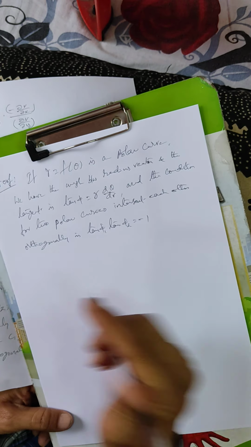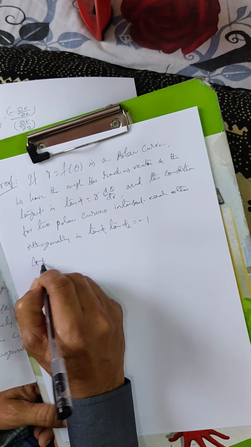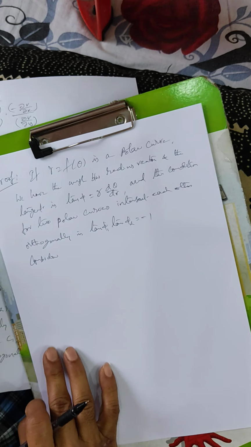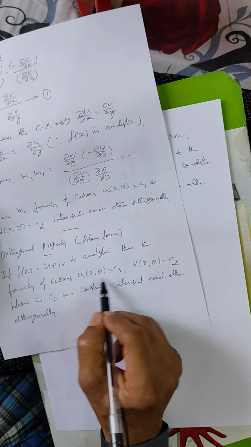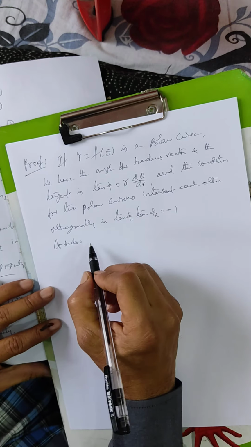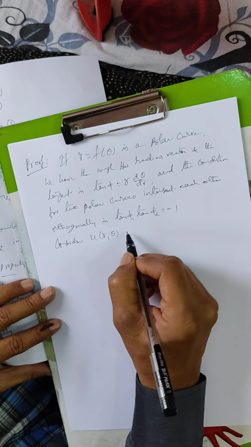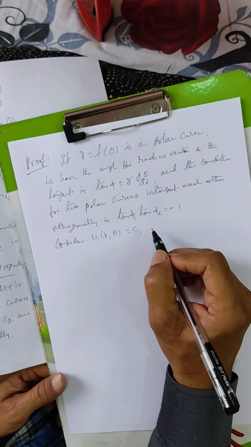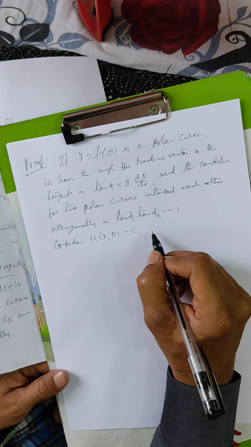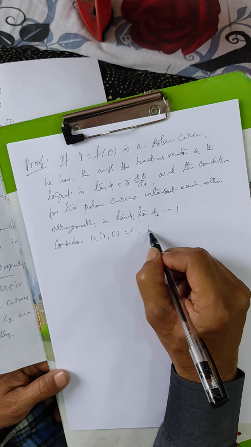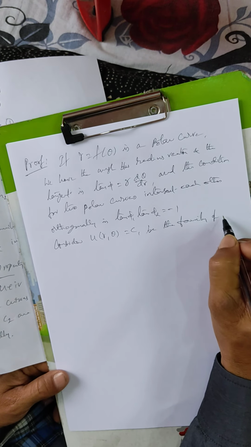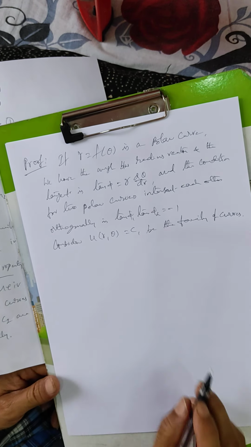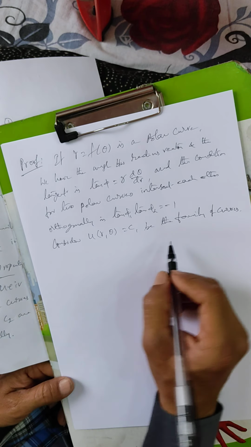Now let us consider the first curve. What is the first one here? According to the statement, u(r,θ) = c1 and then v(r,θ) = c2. So consider u(r,θ) = c1 be the family of curves. Okay.